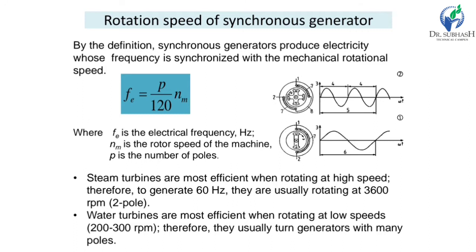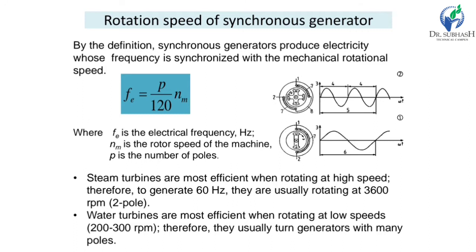Since small n is equal to N upon 60 and small p is equal to P by 2, we can write f equals P upon 120 into N. This equation gives the relation between the number of poles, speed and frequency.